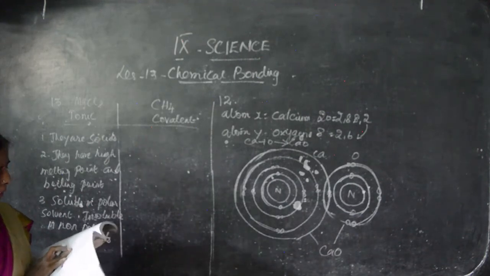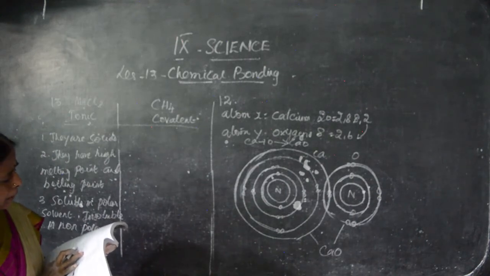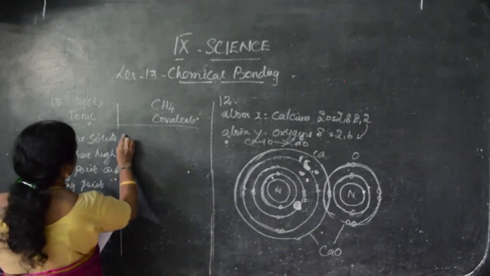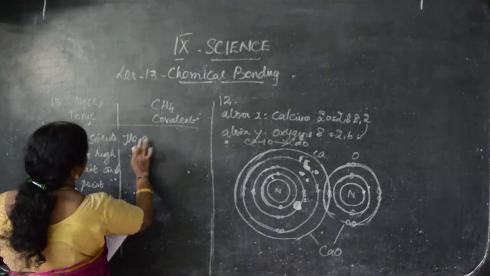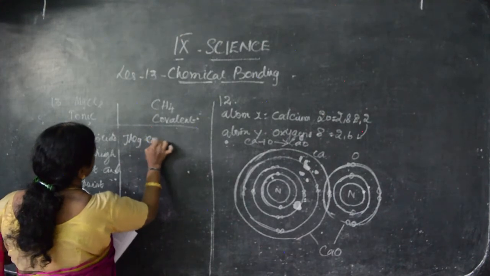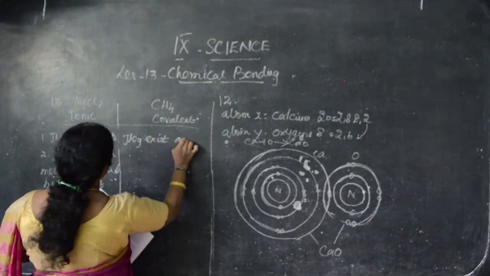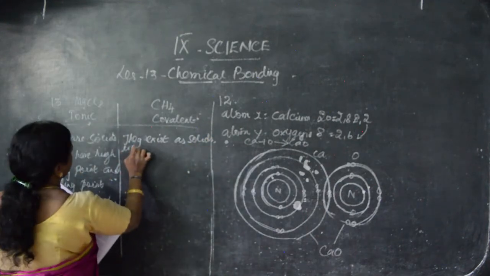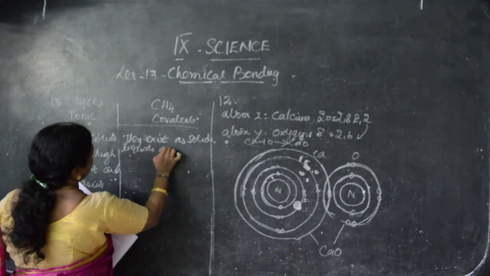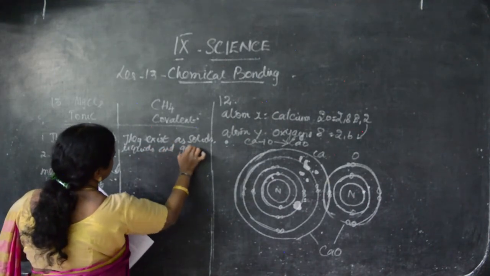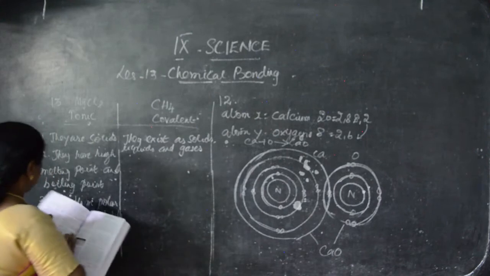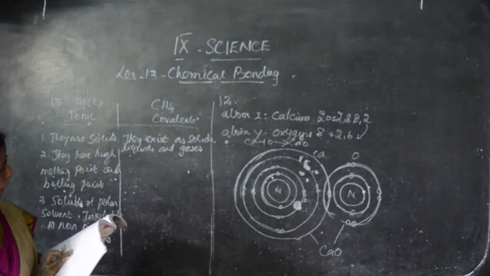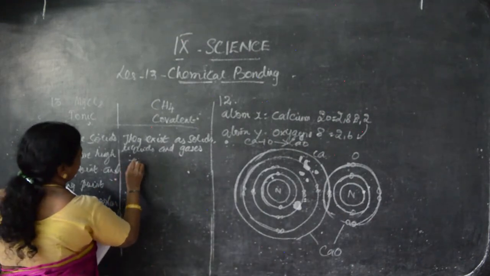They are solids. Then here we have to write they are in the form of solid, liquid and gas. They exist as solids, liquids and gas. Second point, the high melting point and boiling point. Here they have low melting point and boiling point.